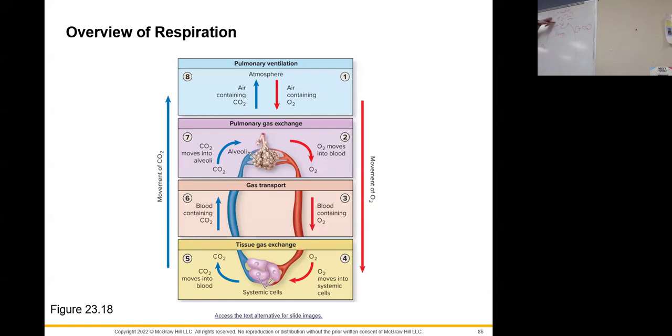So now we have low oxygen level blood returning to the lungs, where it comes into contact with the outside environment, which has a high concentration of oxygen, which means oxygen gets pulled from the outside environment into the blood, carries it back to the tissues, drops that oxygen off, returns, grabs more oxygen, and so on and so on. Okay? This is what is happening with the oxygen.